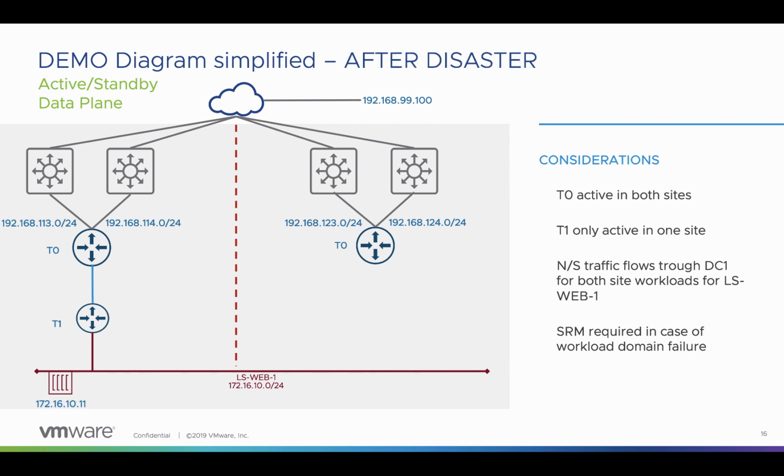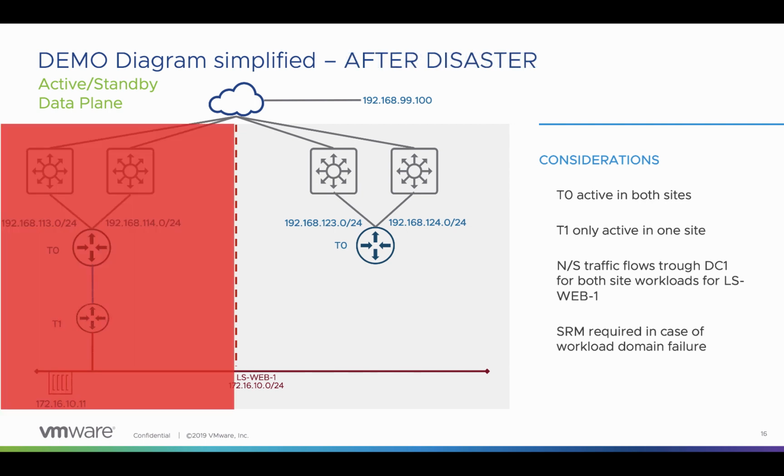That's after disaster. Basically, the site fails. We remove the T1 connection towards the T0. We add that on the second site, connect it to the new T0, and make sure that the VM is also recovered to the site. SRM will take care of that.